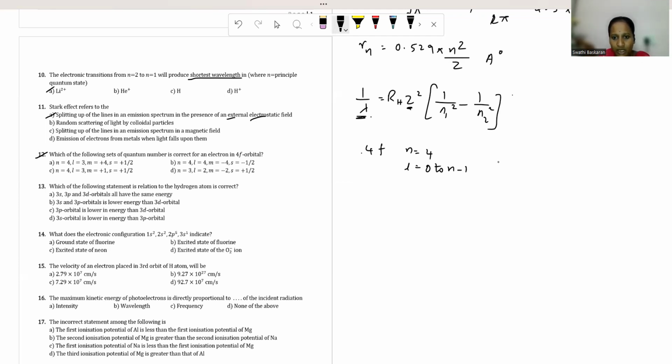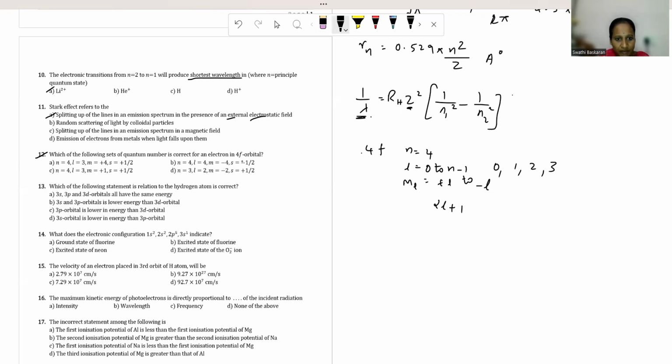So 0 to n minus 1 means it can be 0, 1, 2, and 3. Correct? And what are the ML values? ML values usually range from plus L to minus L. And how many ML values are possible if n is equal to 4? It is based on 2L plus 1.